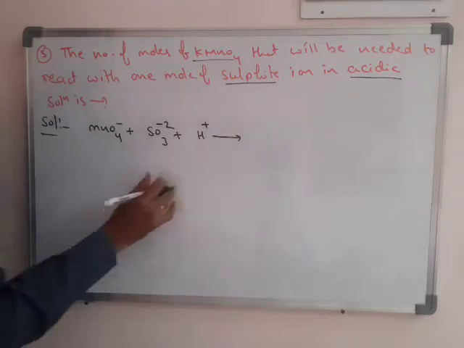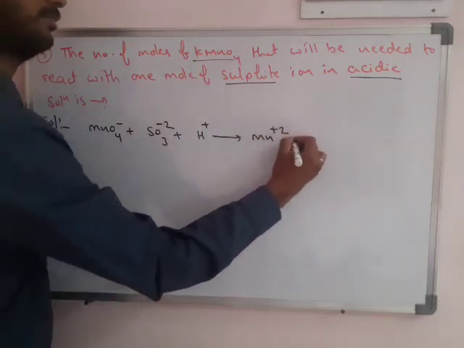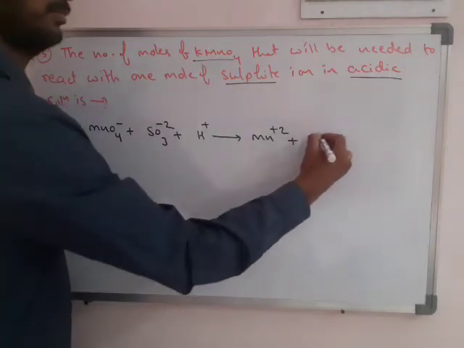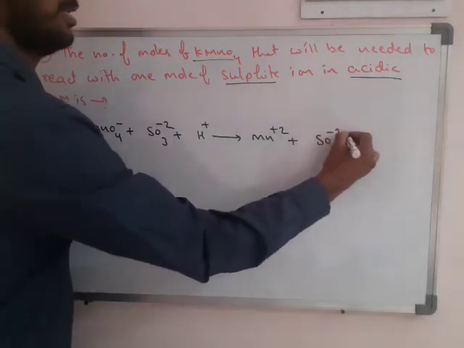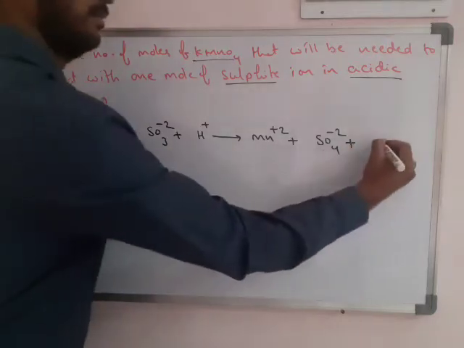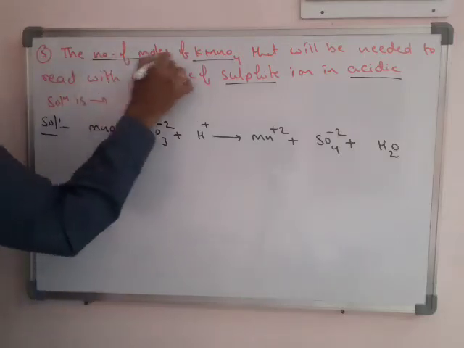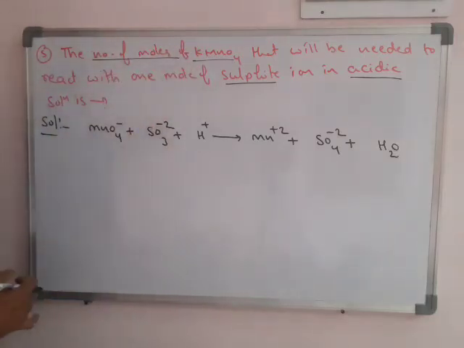In all books it is given like this only, so you have to remember this one. The sulfite is changed to sulfate. So here is exactly the given number of moles, so balancing is compulsory here.